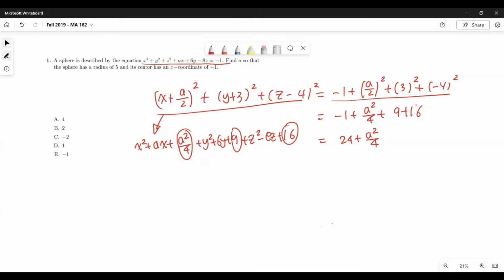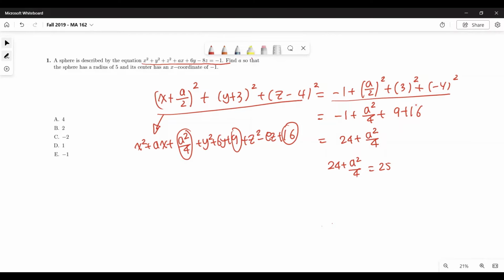So let's go back. So 24 plus a squared over 4, this value should equal 25. Why is it? Because if you remember the sphere equation, the right side of the equal sign should equal the radius squared, and we are given the radius value is 5. That's why we should get 25 for the right side.